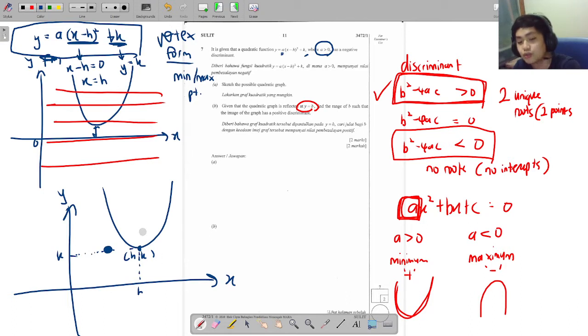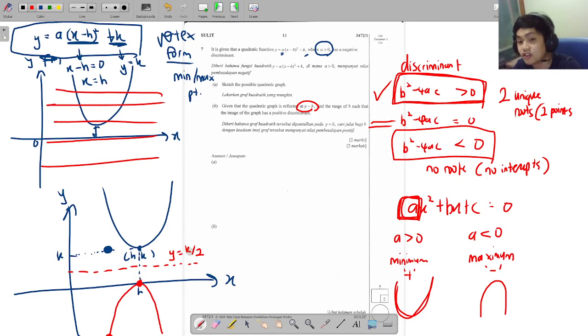So now we have this to start with. If I want to reflect it, I can try my luck by cutting this into half, right? So I call this line y equals k over 2. So with y equals k over 2, the reflection will end up giving me this, right? It touches this at 1 point. So this is not what we want either. This is b squared minus 4ac equals 0, right? But this is where we can start.